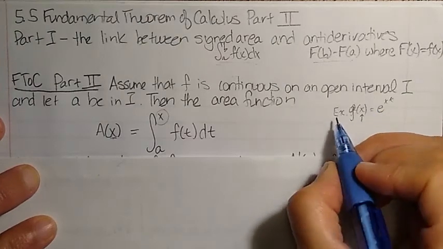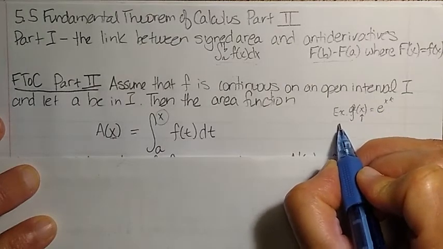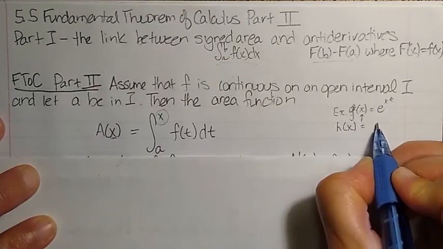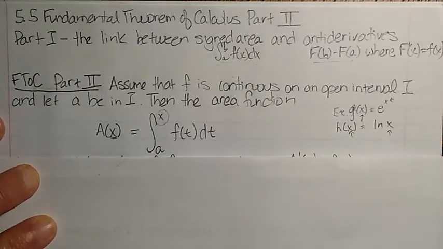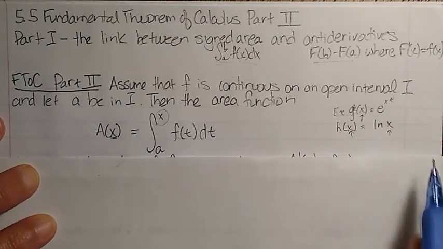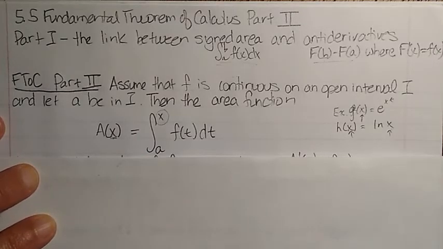Or you might have seen h of x is equal to the natural log of x. The independent variable appears sitting next to the letters ln. That indicates take the natural logarithm of the independent variable x. This is a new kind of function that you've not seen before.